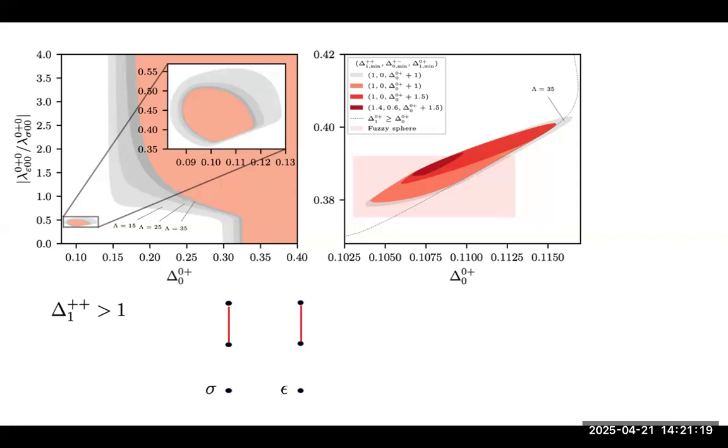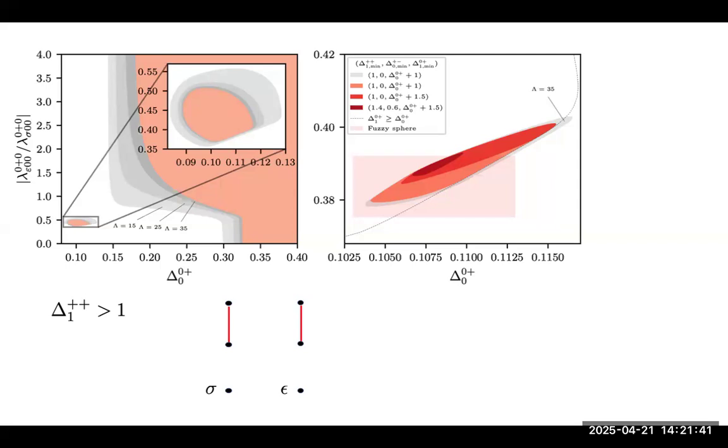Now, if you allow yourself to make more aggressive gap assumptions about the defect spectrum, based say on epsilon expansion or fuzzy sphere results, then you can start shrinking this island, and you can shrink it even with fairly conservative gap assumptions based on what we know from, let's say, fuzzy sphere.